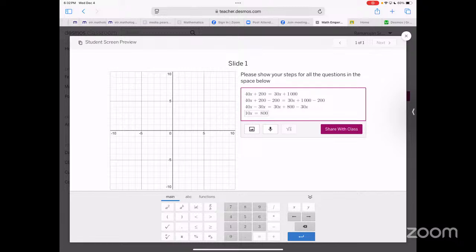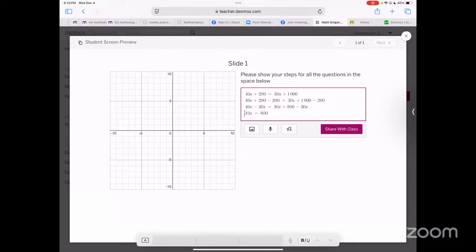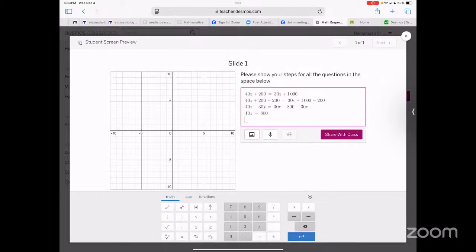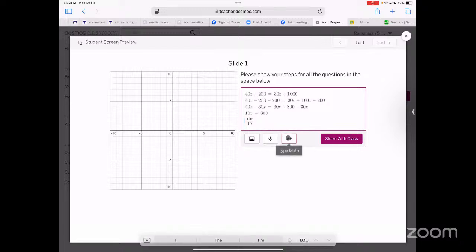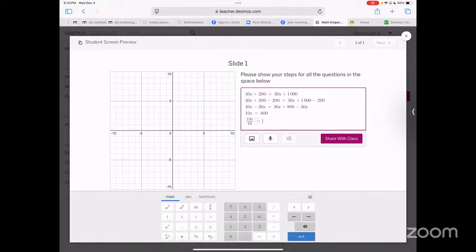Then enter my math mode again: 10x. In math mode, if you type frac, it will bring the fraction. So 10x, and then you go in here, divided by 10, still keep the math mode, and equal to, if you type fraction, it will bring the fraction for you, 800 divided by 10.